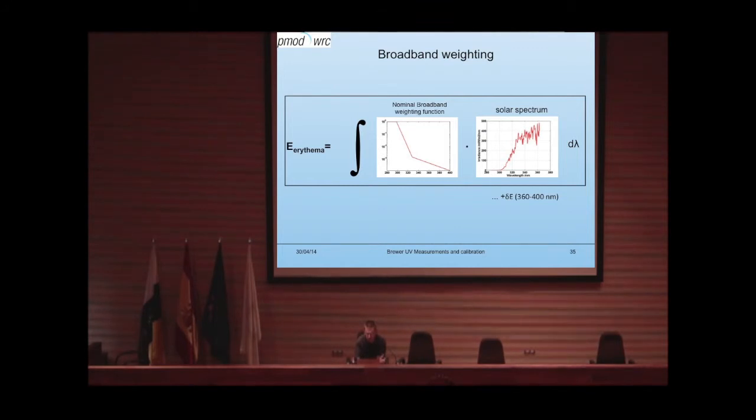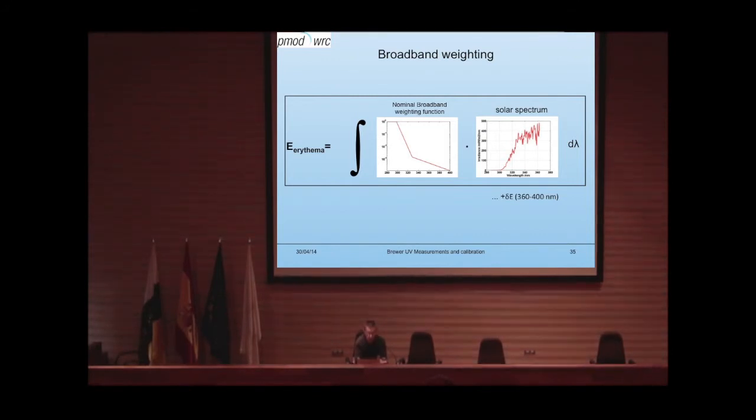You integrate it with the broadband weighting function, let's say the erythema, and you will get the erythemal weighted irradiance. But do not forget this little delta A here. Unfortunately, a single Brewer only measures up to 325 nanometers, and a double Brewer only to 363 nanometers, and you're missing some part of the solar spectrum.